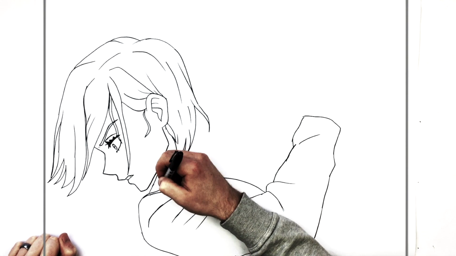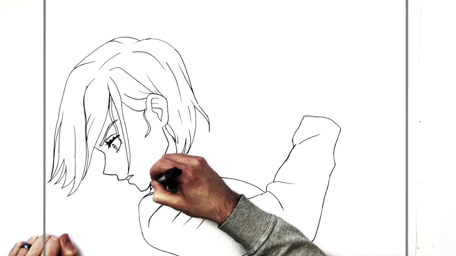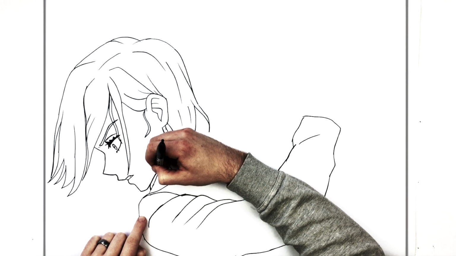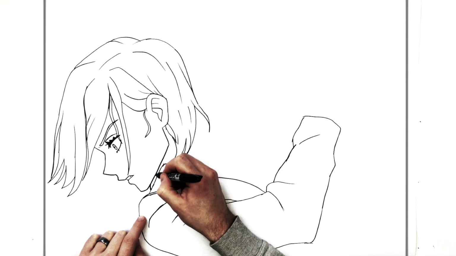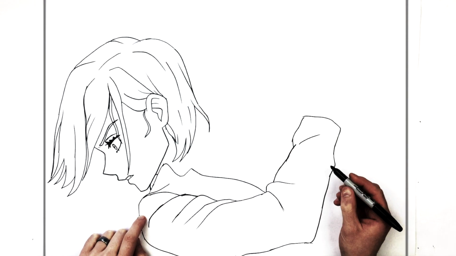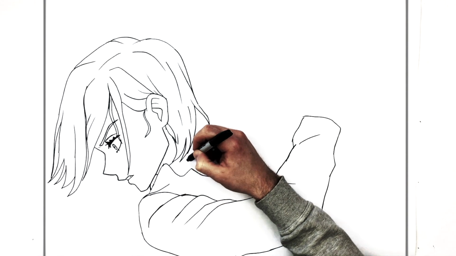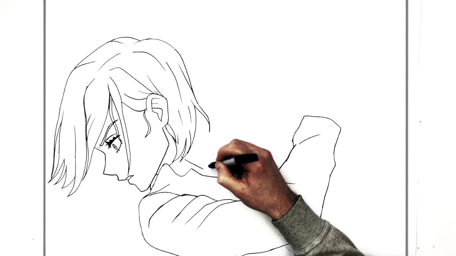And so this is like her collar, and then it goes in behind her neck here, and I'd say you could draw in her neck roughly underneath her ear. So it goes that way. And then we have another collar line. Comes down there.